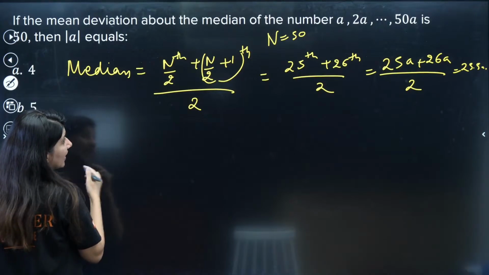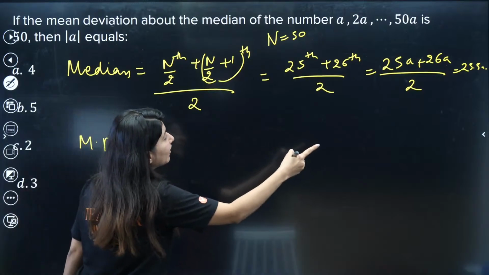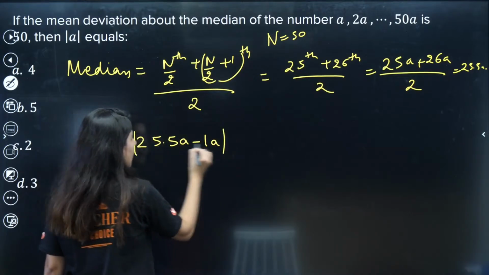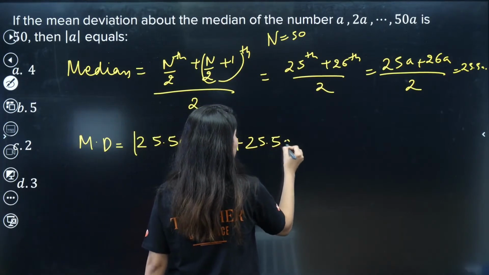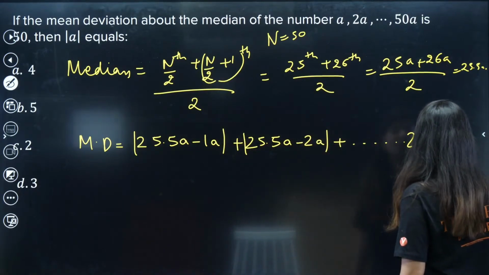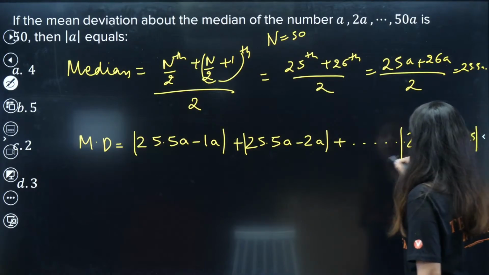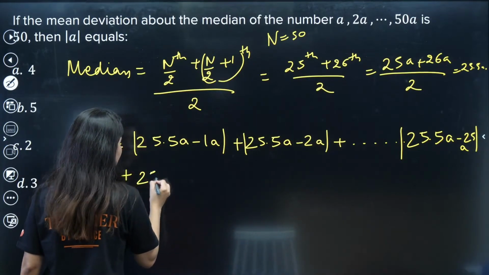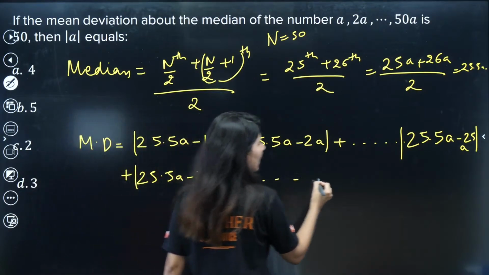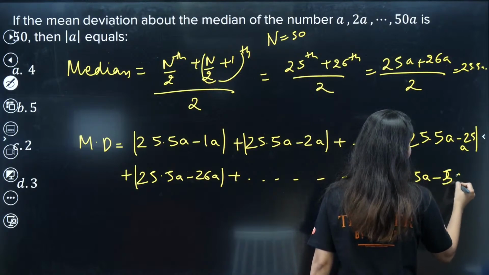The observations are A. So basically the mean deviation would be what? 25.5A minus 1A mod, plus 25.5A minus 2A mod, and all the way up to 25.5A minus 25A mod, plus 25.5A minus 26A mod, and all the way up to 25.5A minus 50A mod.